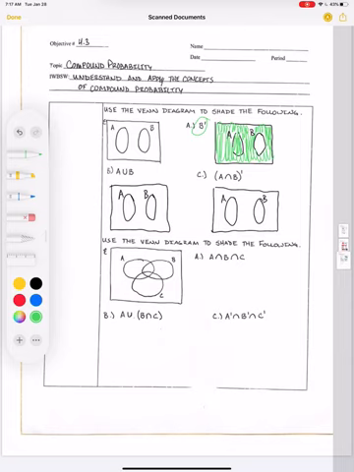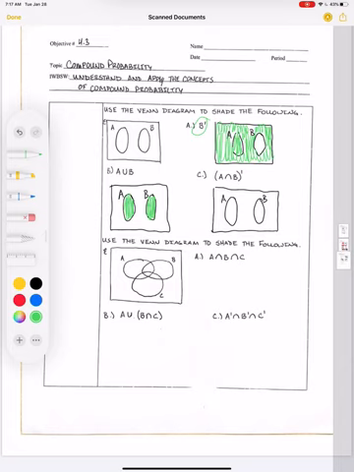So union again means everything that is A or everything that is B or both. Well, they're not both. It's just A and B. They don't cross, so there's no place where we could say it's both. So this is where we're at. Everything that is A or everything that is B.